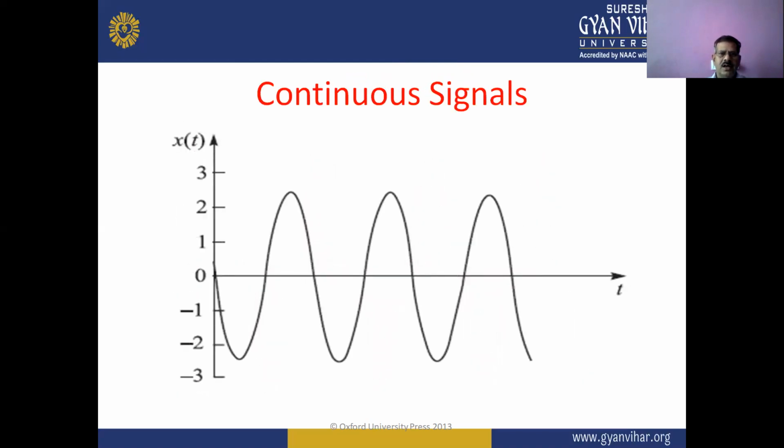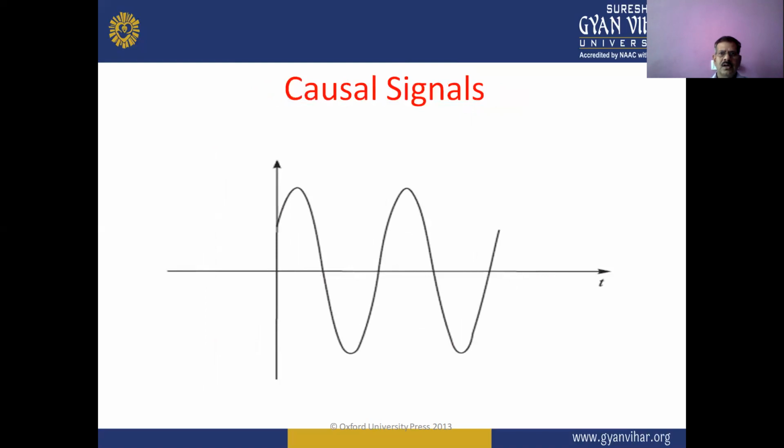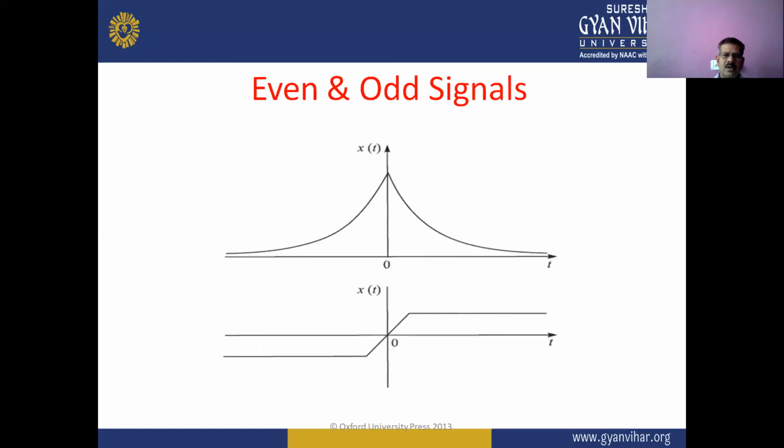And this is a continuous signal, which is a sinusoidal signal, in which the amplitude varies with time. And this is also a causal signal, and these are the even and odd signals.